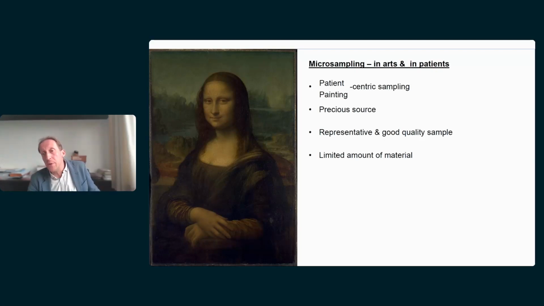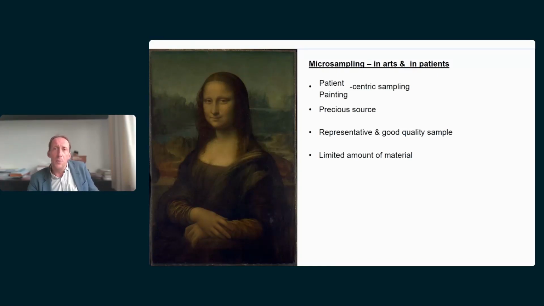Talking about microsamples, we are confronted with a limited amount of material. In the context of the Mona Lisa, obviously, we don't want to scrape half of the Mona Lisa surface to get an answer to the question that we are asking. Likewise, we typically don't need, in many instances, a whole tube of blood.